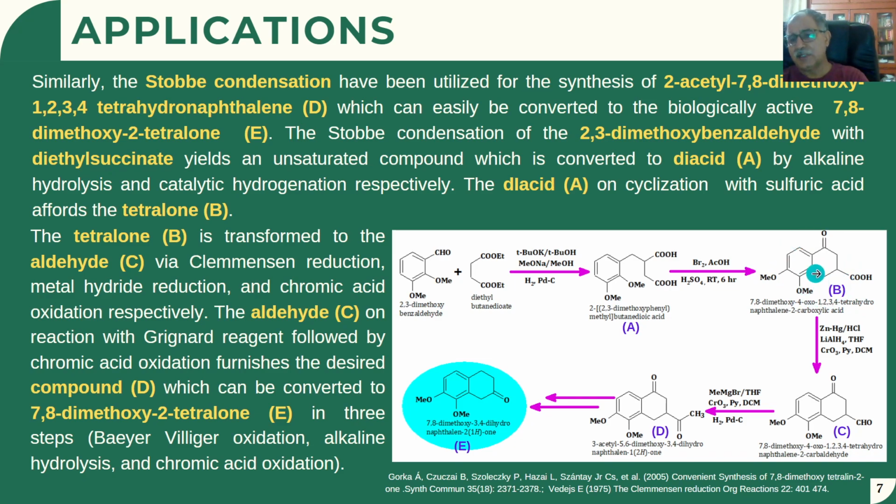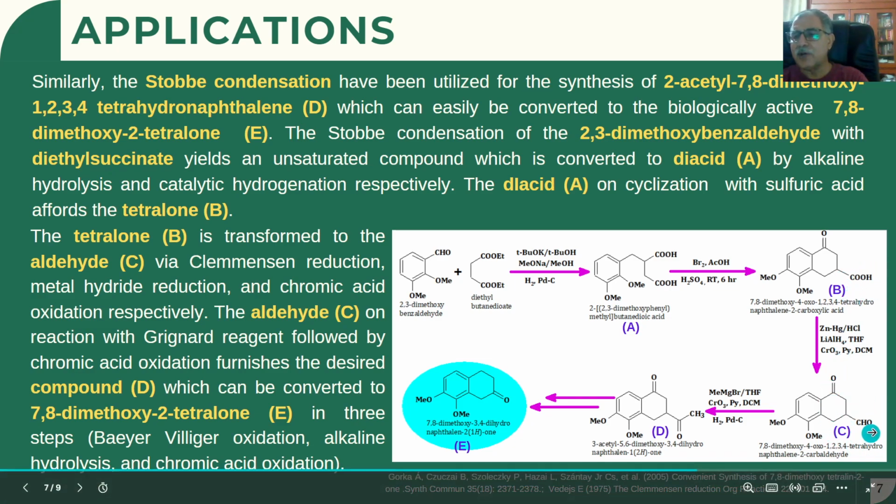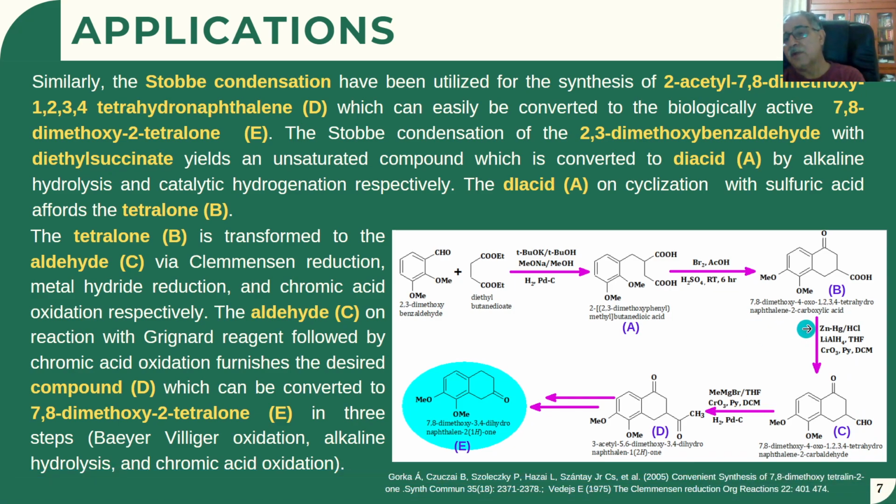And these tetralone derivatives will be converted into the corresponding aldehyde. This carboxylic acid group will be converted into an aldehyde group through three reactions. First, in the presence of zinc amalgam and HCl, this is called Clemmensen reduction. Then lithium aluminum hydride reduction, that is metal hydride reduction, followed by chromium oxide pyridine oxidation.